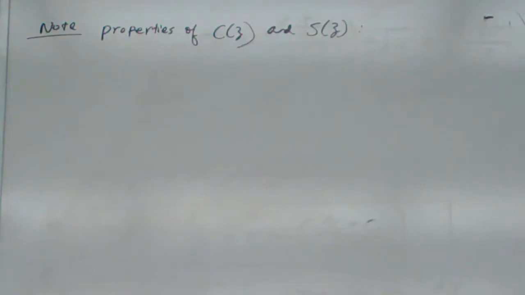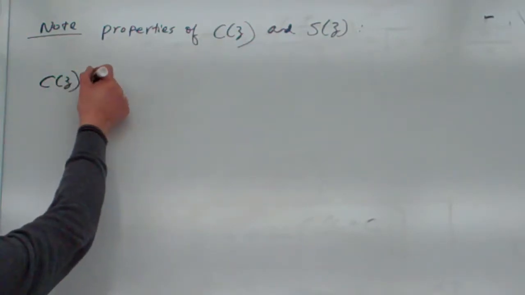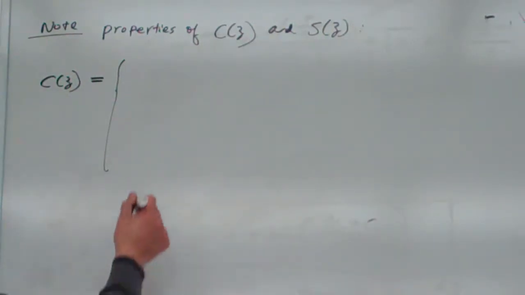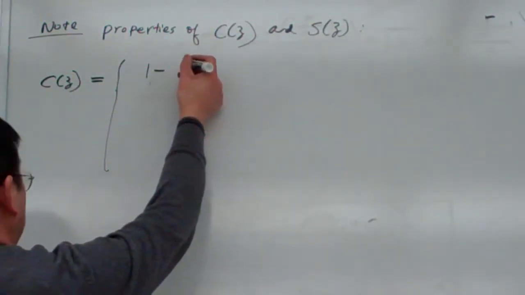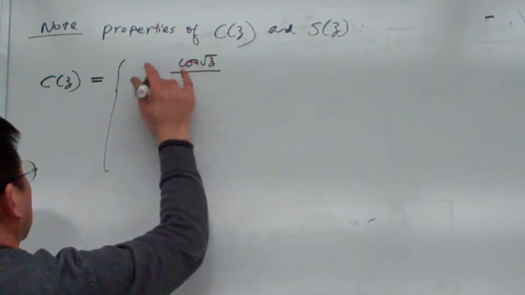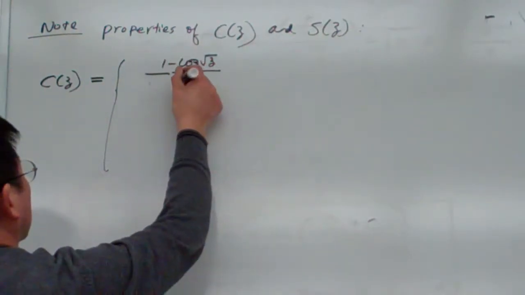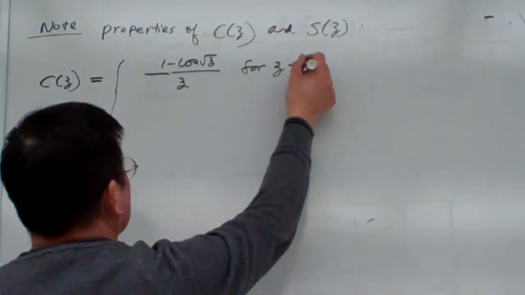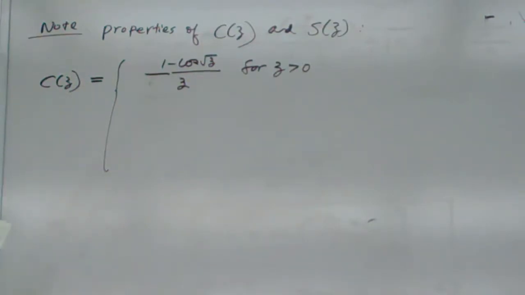So here the properties we can utilize is this: C(z), precisely by definition for z greater than 0, is this.